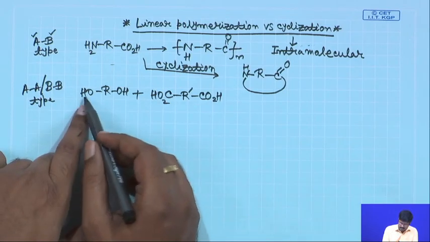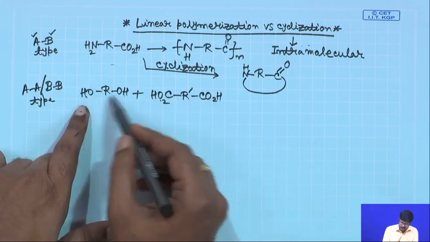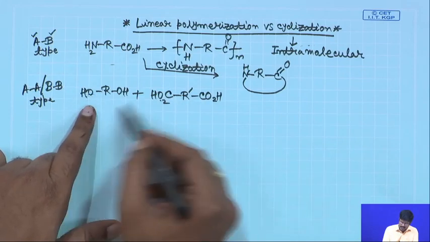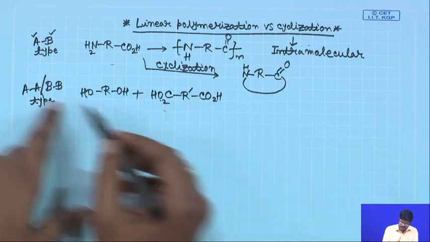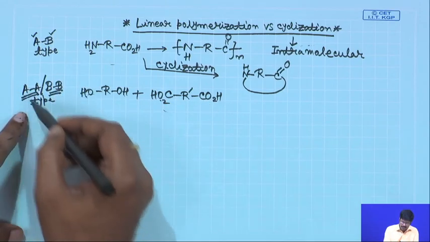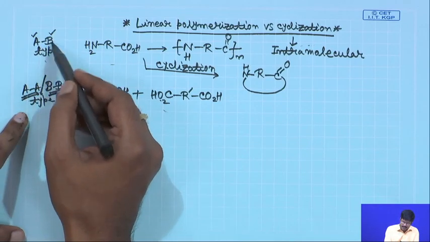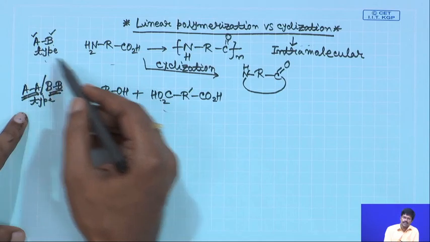Now, when you have a diol or a diacid, they typically won't cyclize intramolecularly. If you have an AA and BB type of monomer, in the monomer stage they may not cyclize. Instead, if you have an AB type of monomer, in the monomer stage they could cyclize like this.